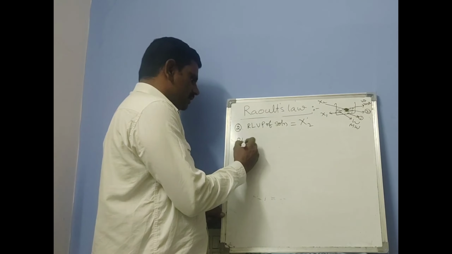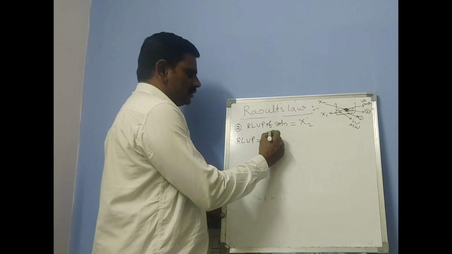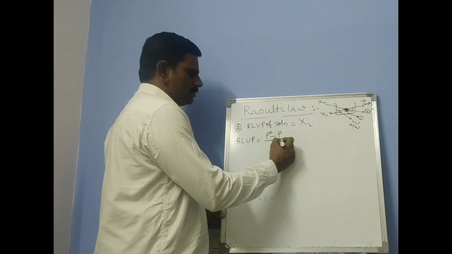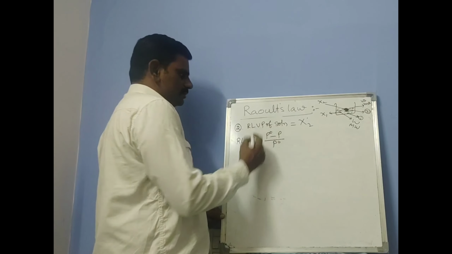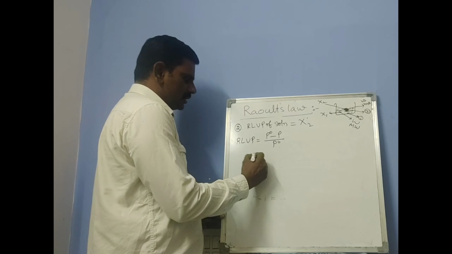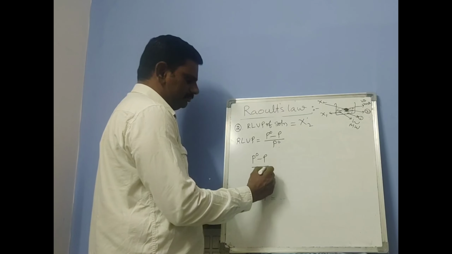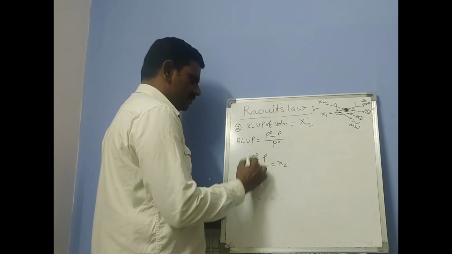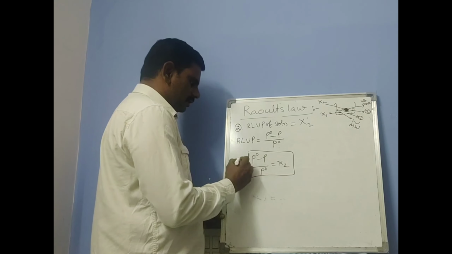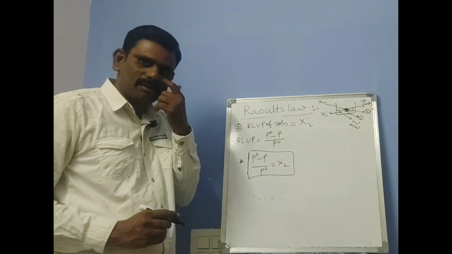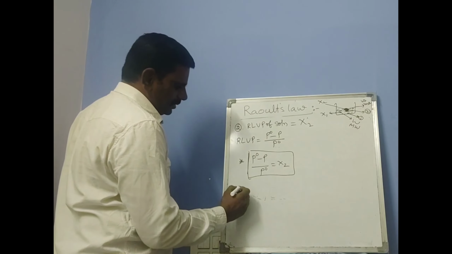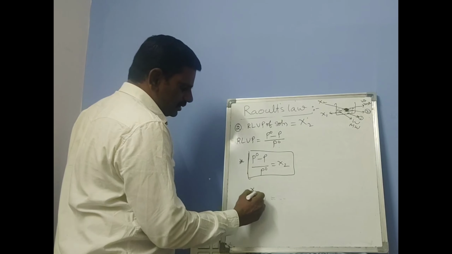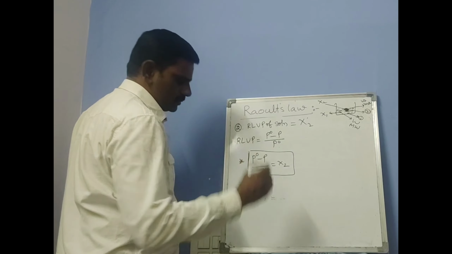RLVP of the solution can be written like this: P naught minus P by P naught. So I substitute here, then Raoult's law equation comes: it equals x2. This is the second form of Raoult's law equation. So what is x2? Mole fraction of solute.